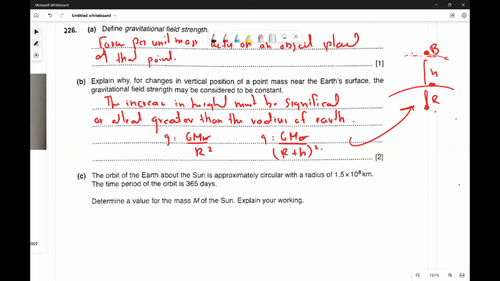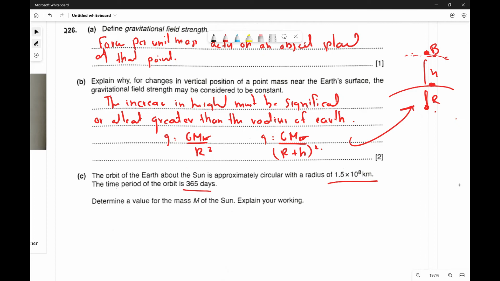Okay, now let's look at part C. The orbit of Earth about the Sun is approximately circular with a radius of 1.5 times 10 raised to the power of 8 kilometers. The time period of the orbit is 365 days. Determine a value for the mass of Sun. Explain your working. So you're given the radius.